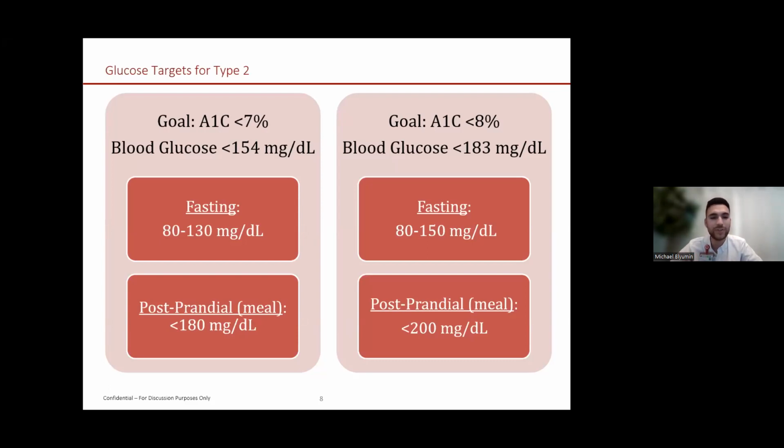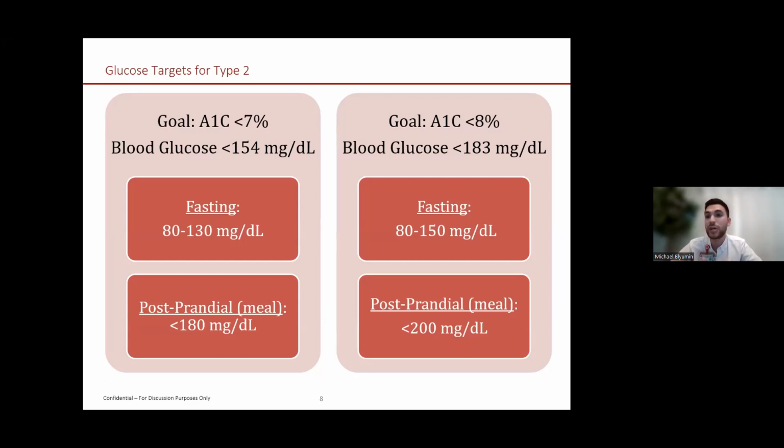So this is something like, as I said earlier, you wake up, you haven't had food or drink for about 8 hours. A postprandial or post-meal blood sugar, 1 to 2 hours after you eat, should be less than 180. So basically, if you look in between these two numbers, the before and after meals, it shouldn't rise more than 50 points.